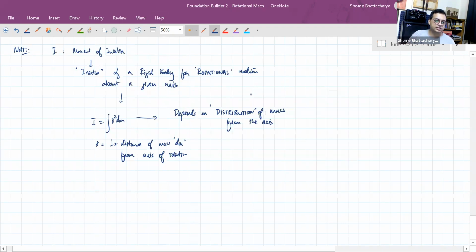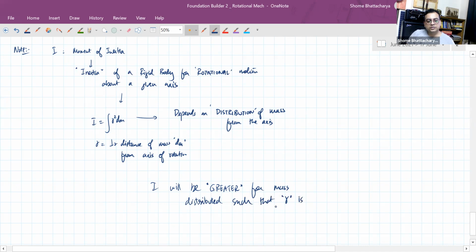Heavier means the more inertia it appears to have. So that means moment of inertia will be greater for mass distributed such that the distance r is large.